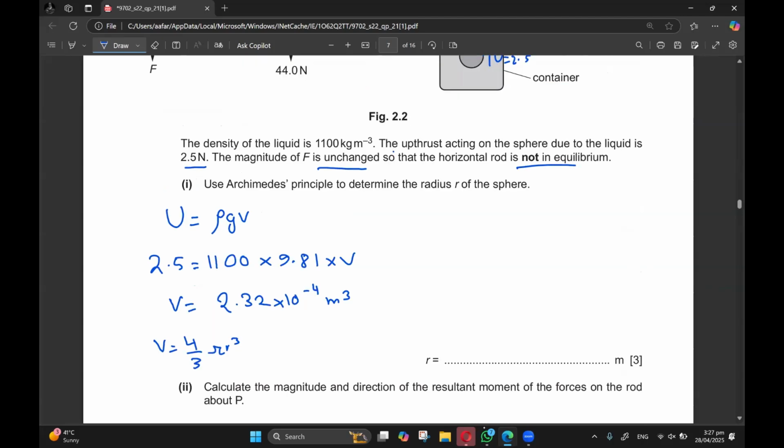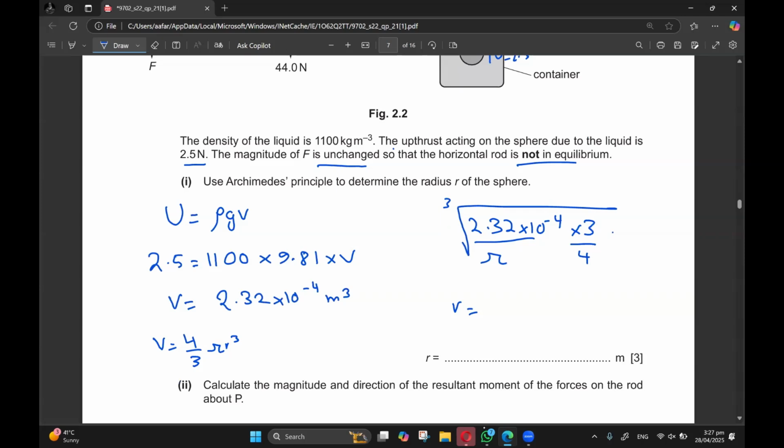So r becomes the cube root of 2.32 times 10 to the power negative 4, times 3 over 4, divided by pi. So r is basically 0.038 meters.